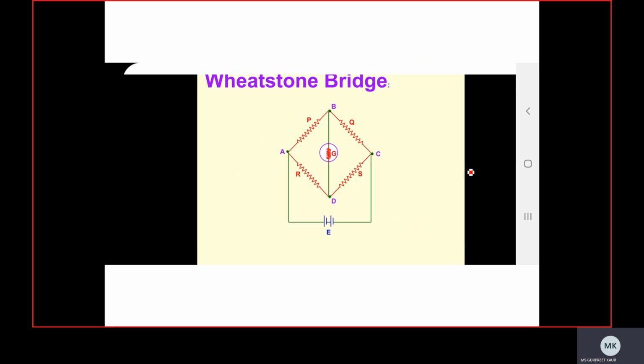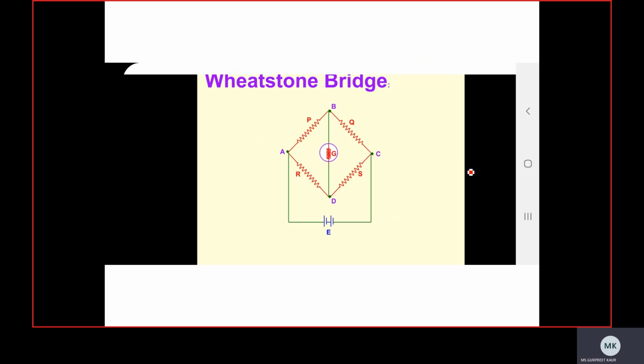Next is Wheatstone bridge. This is a very important circuit. This Wheatstone bridge is used to measure unknown resistance with high accuracy.